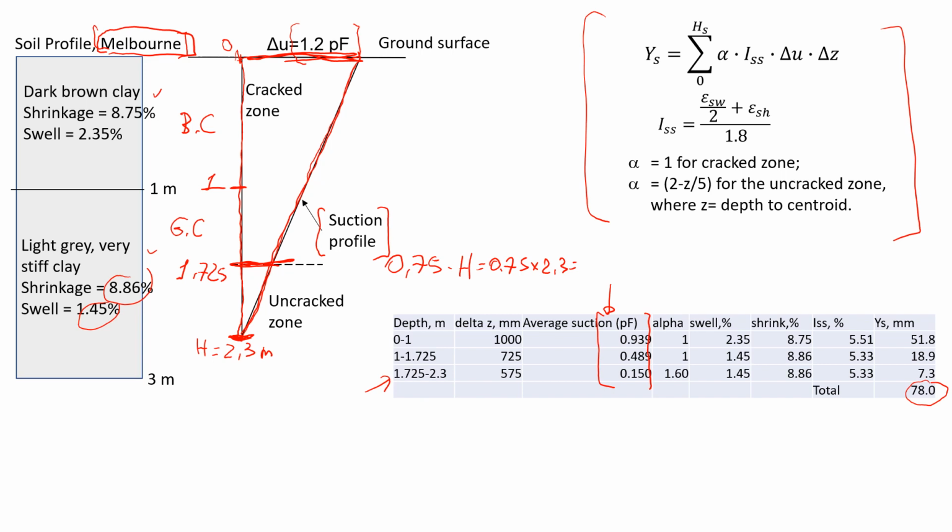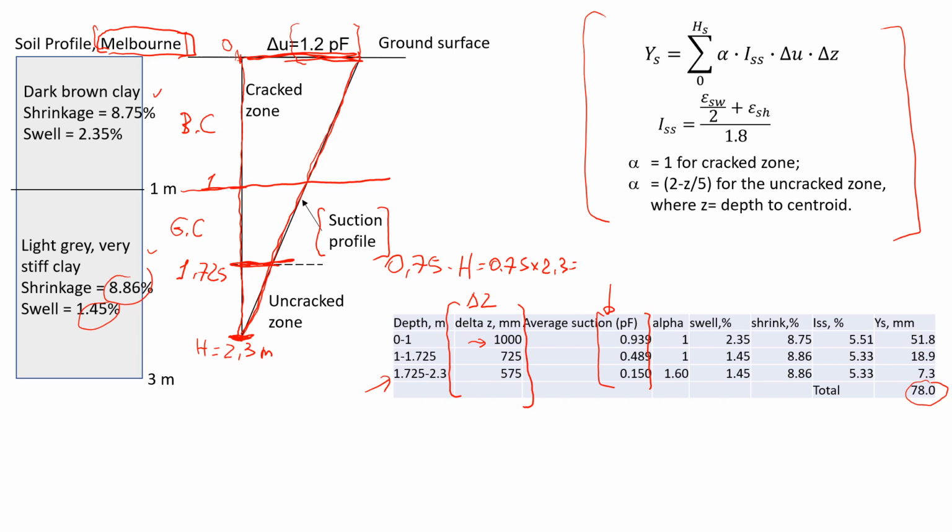Okay, so now let's do this change in the delta Z, how I got it. In the first case, we're going to divide it, the first layer, because it's just the whole brown clay. So in this case, it will be 1000 millimeters from depth 0 to 1 meter.